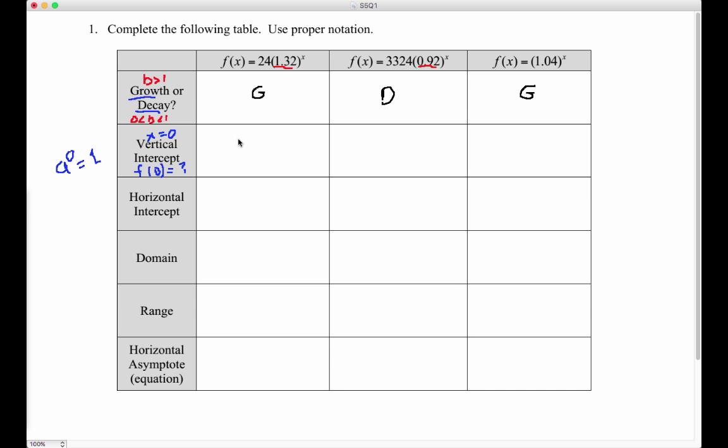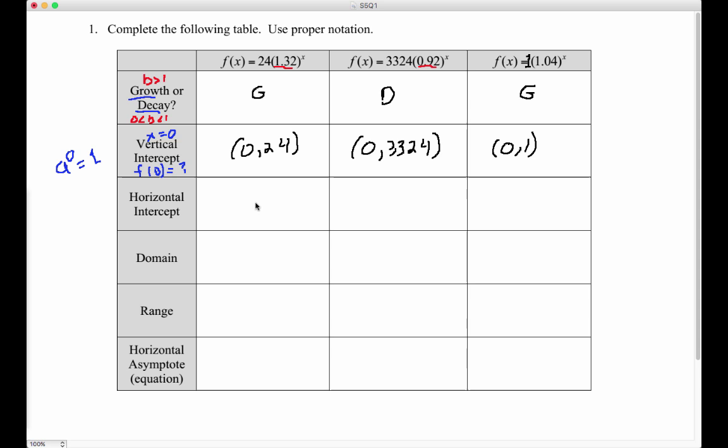In the first case, it's 0 by 24. Be sure to put these in as ordered pairs, because intercepts are ordered pairs. In the second case, it's 0 by 3,324. And last but not least, recognize that there is an unwritten 1, so that intercept is at 0, 1. Okay, cool.